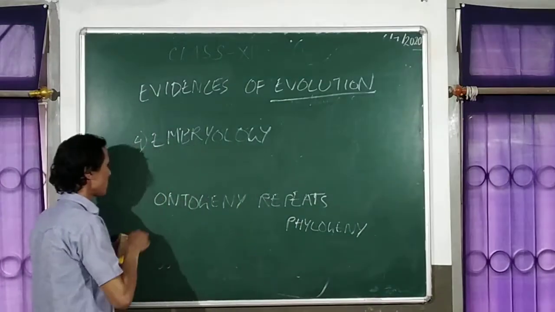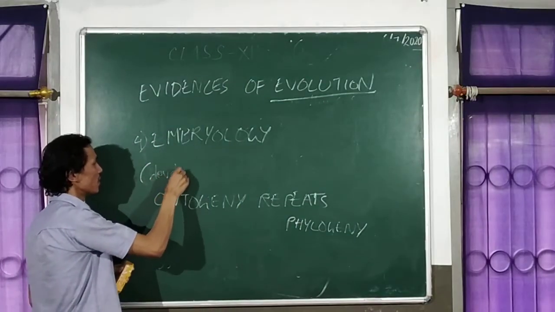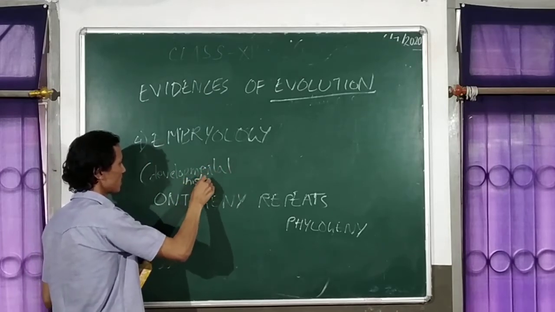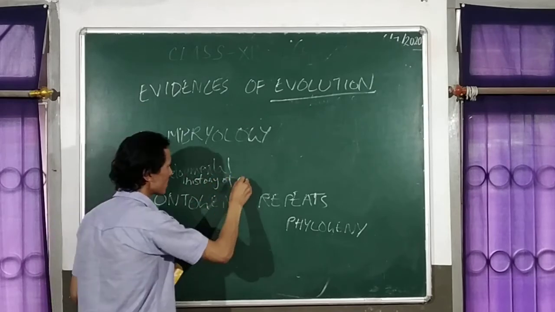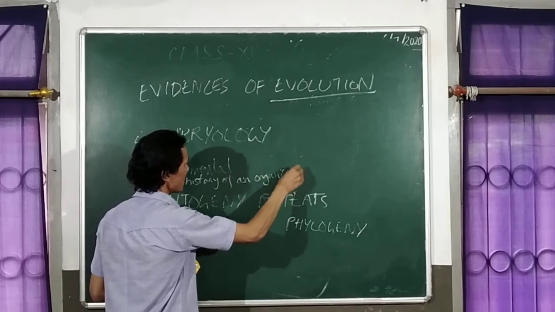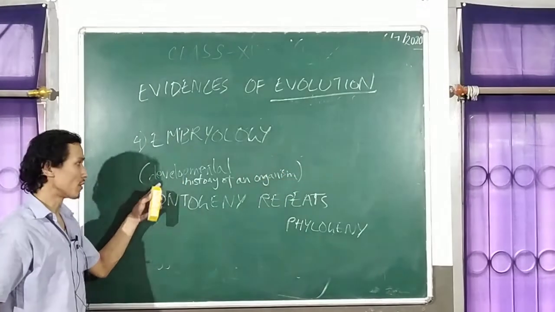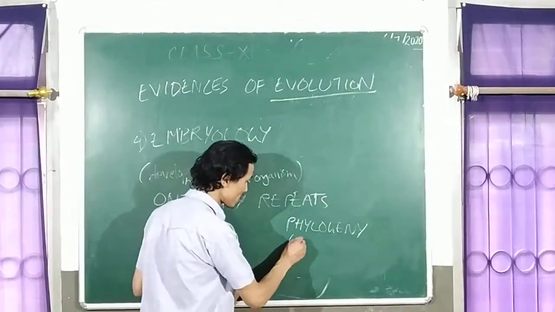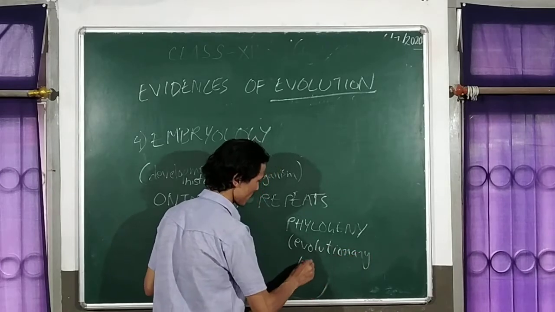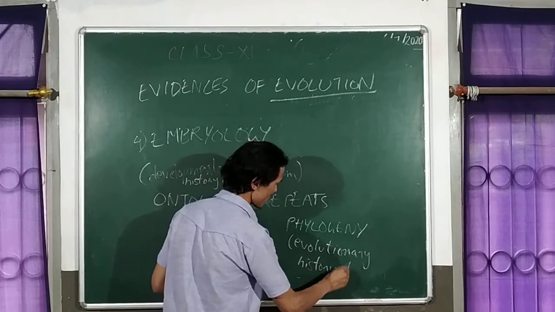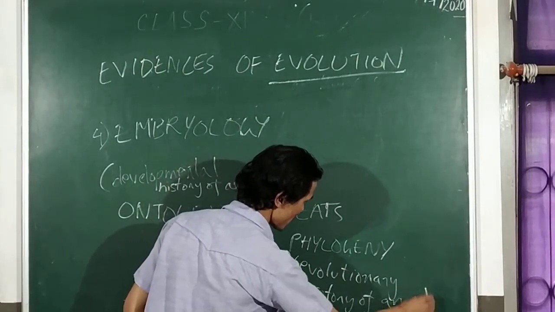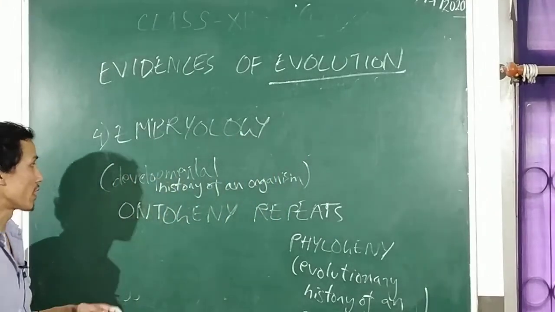Ontogeny means the developmental history of an organism. Phylogeny means the evolutionary history of an organism.